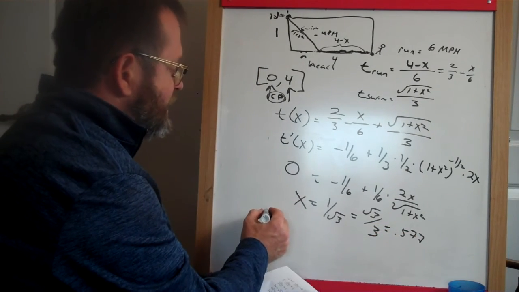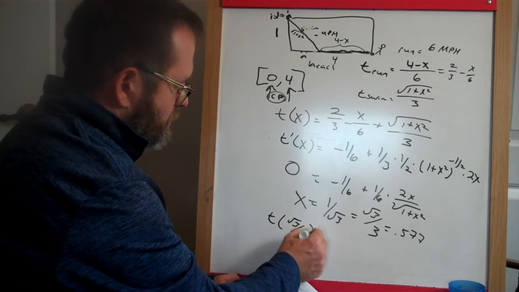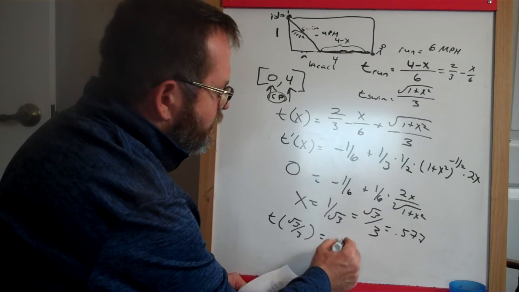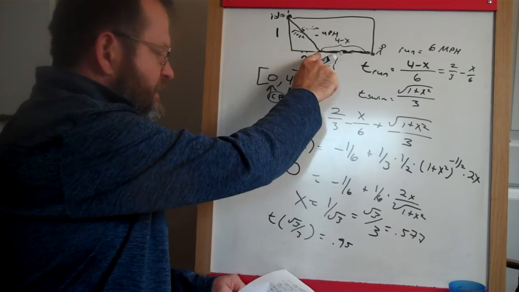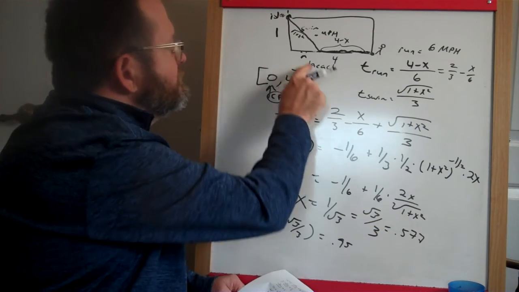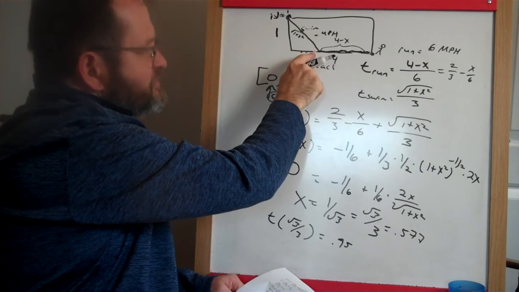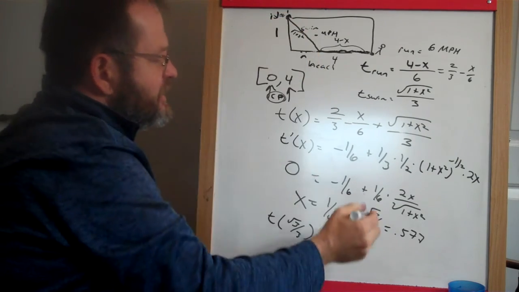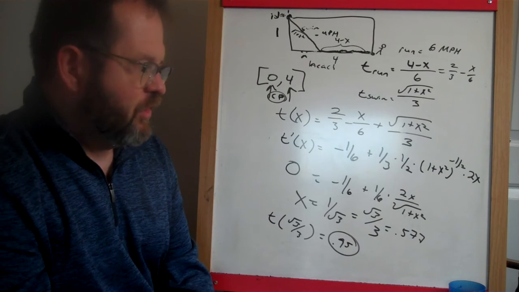Then, when I plugged that into my time function, we end up getting 0.95 hours. In other words, if I cut off a distance of about 0.577 miles, a little over half a mile, I run most of the 4 miles, but not quite, and then swim toward the island, I minimized the time it took to get to the island.